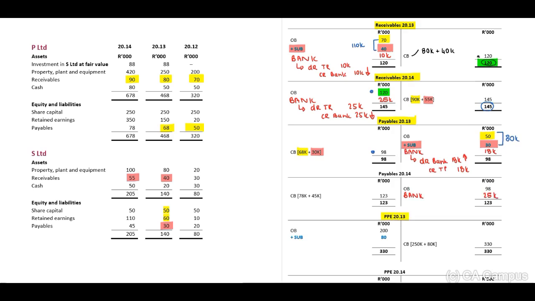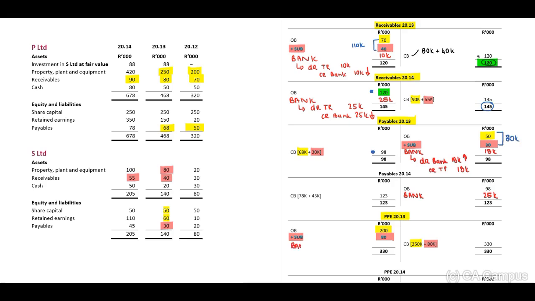PPE for 20.13, our opening balance is only P, 200,000. Our closing balance will be P, the 250,000 plus 80,000 relating to our subsidiary. We've purchased the subsidiary, therefore increase in our PPE to the value of 80,000, and we can include our balancing figure on our debit side.